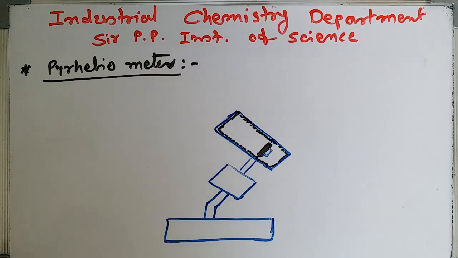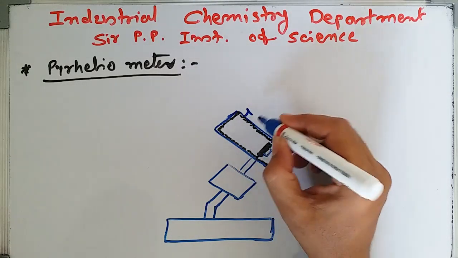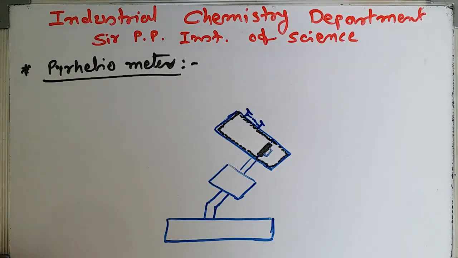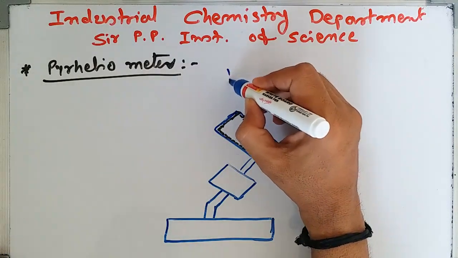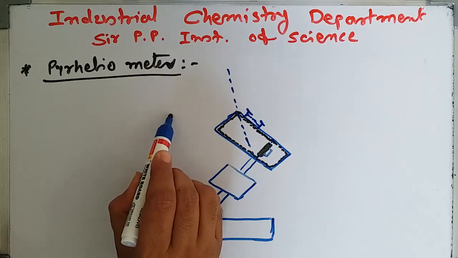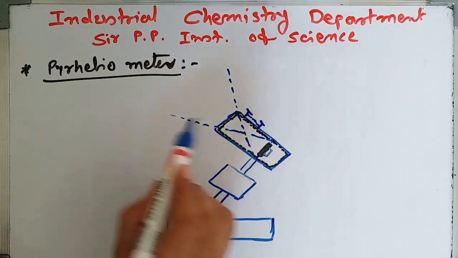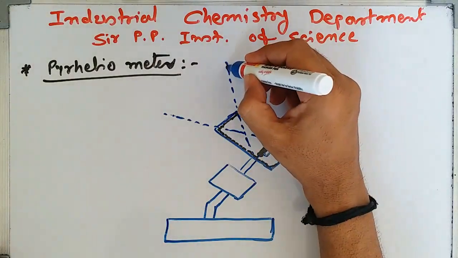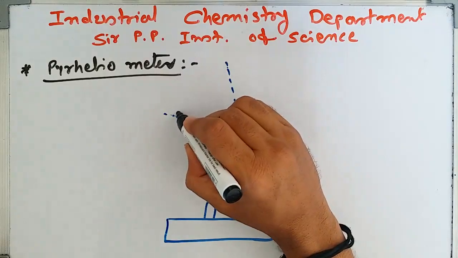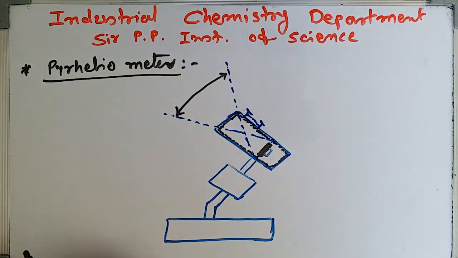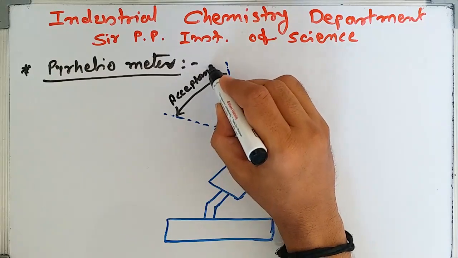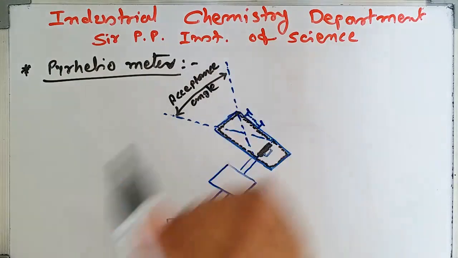This tube has one alignment indicator. This is the alignment indicator. And now we draw the acceptance angle which accepts solar radiation. The radiation which flows in this angle is countable. Only this radiation is countable. This is the acceptance angle.